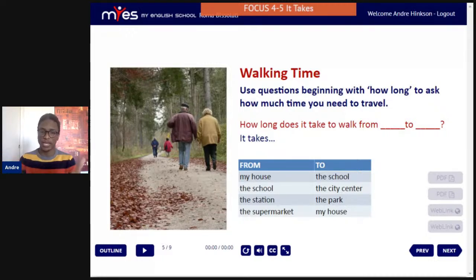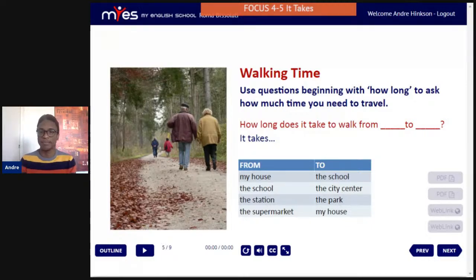What about you guys? How long does it take to walk from your house to the supermarket? I don't think it should take very long, especially if the supermarket is close to your house. For me, I can walk. So how long does it take to walk from your house to the supermarket?